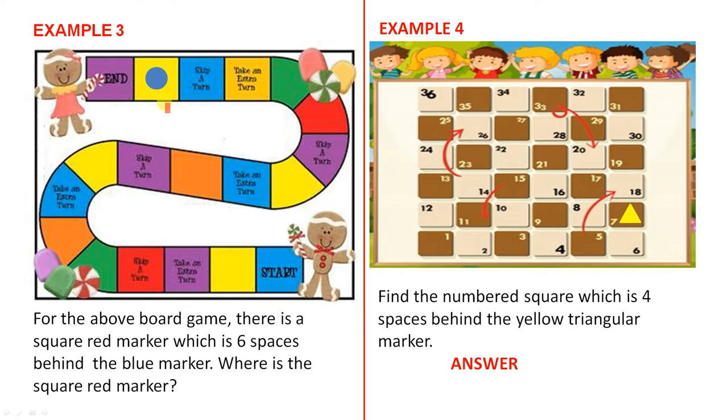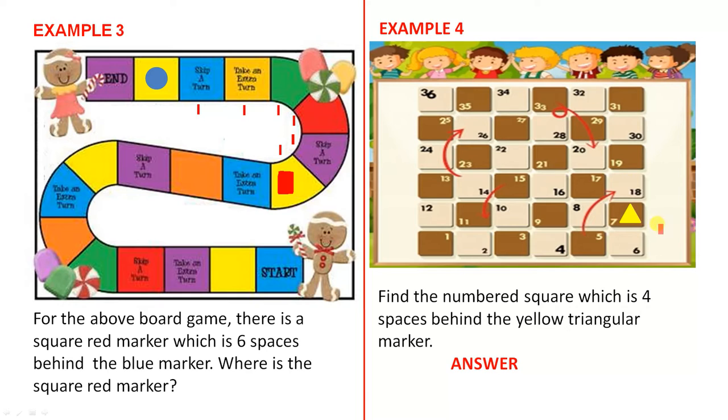So let's count 6 spaces. 1, 2, 3, 4, 5, 6. So the square red marker is here. Okay? And it is 6 spaces behind, because that's going backwards. So there is our square red marker.